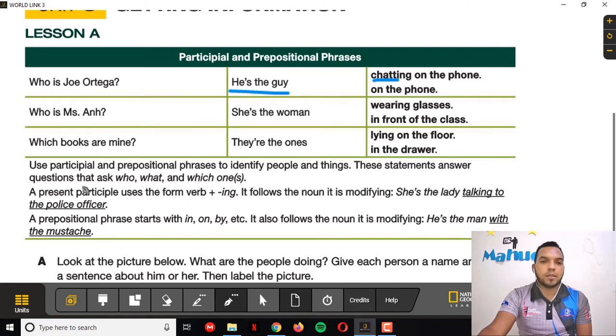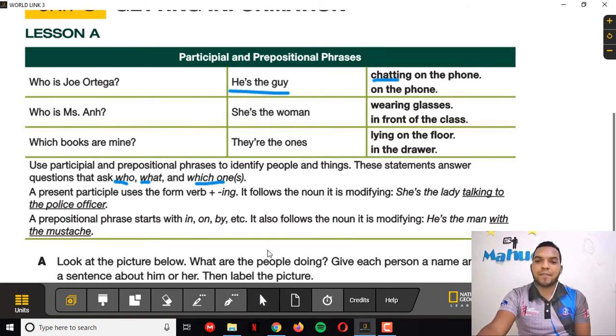So like they say, this was the same thing. These statements answer questions that ask who, what, and which ones. Okay, so when somebody asks you about who, what, or which one, you can answer in this way using this grammar.